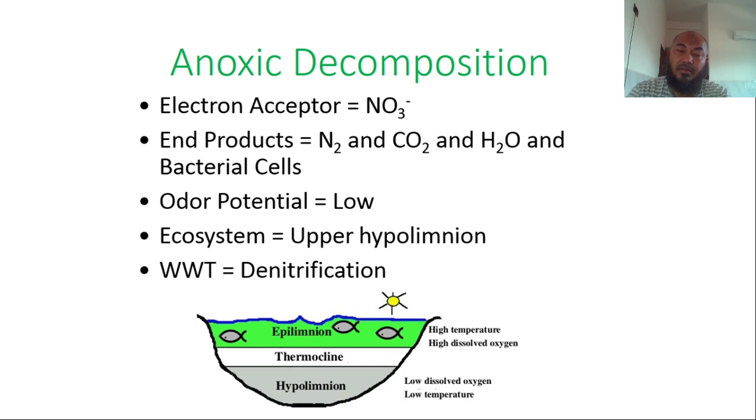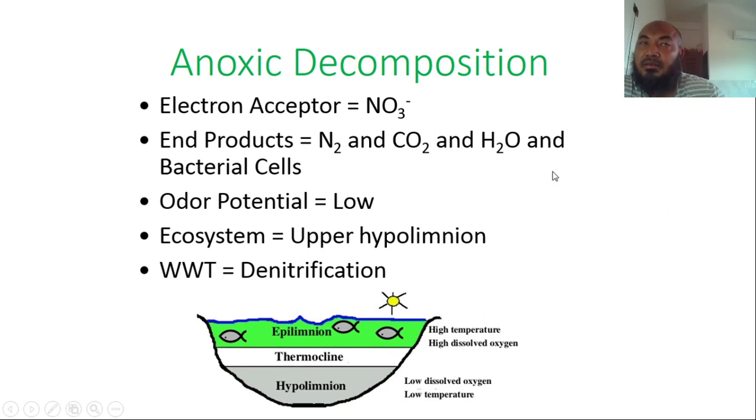In the wastewater treatment plant, this is the condition of denitrification. So meaning that if we would like to remove the nitrate, we would like to remove the nitrogen, we can use this method, meaning that you introduce the anoxic phase.